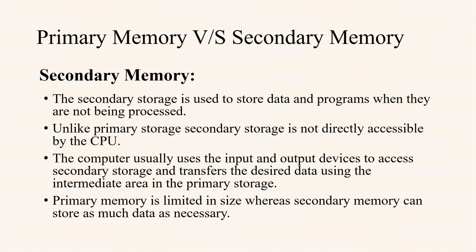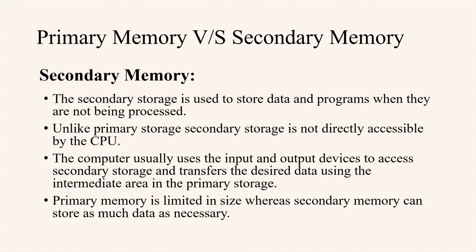Now what do you mean by this? So intermediate area, now for example, your primary memory is the memory that is directly accessed by your CPU. So if your file is on any of the secondary storage devices like a hard disk, your file needs to come first into your primary storage, then only your computer or your CPU can do the processing.